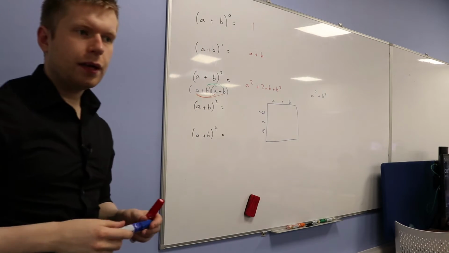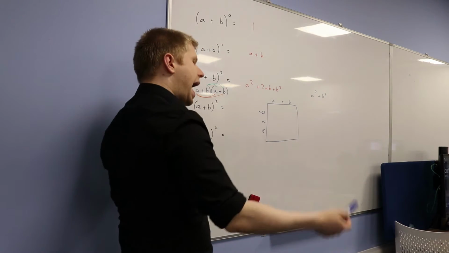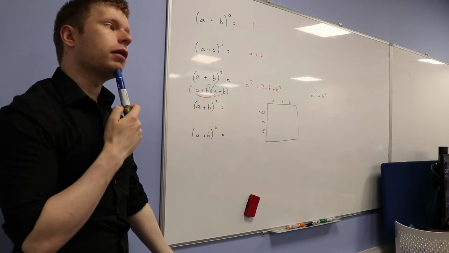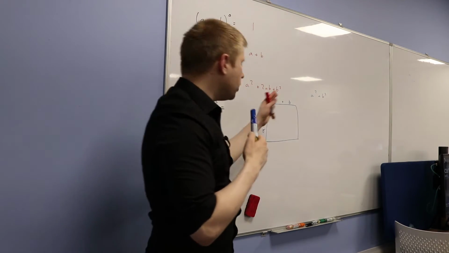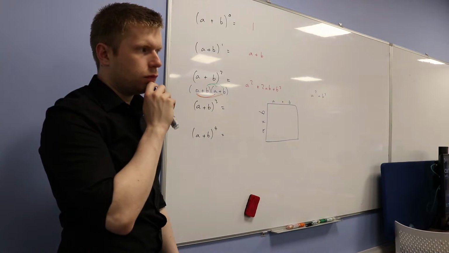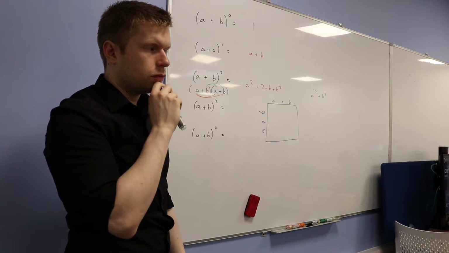Are you happy? Now, what property of the square am I looking at if I do the operation of squaring something? So what property of this square am I looking at if I'm squaring something? Just square.